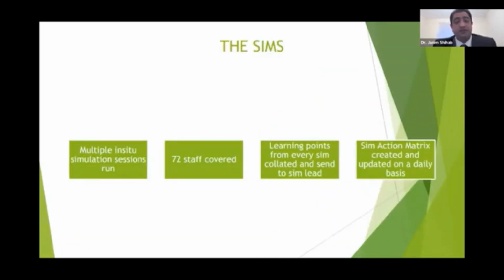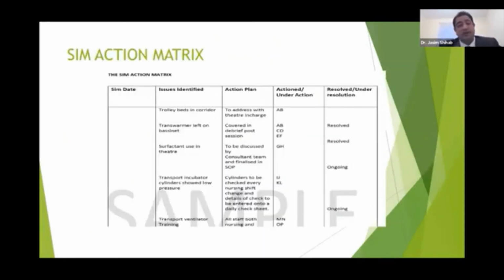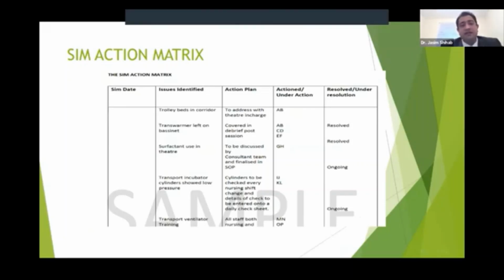So the sims: we ran multiple in situ simulation sessions. We covered 72 staff in the first few weeks. Learning points from every sim were collated and sent to the sim lead. That was me. A sim action matrix was created and updated on a daily basis. Now, what is a sim action matrix? This is something which I'm proud of. What we did is we created a sim date, and issues identified.